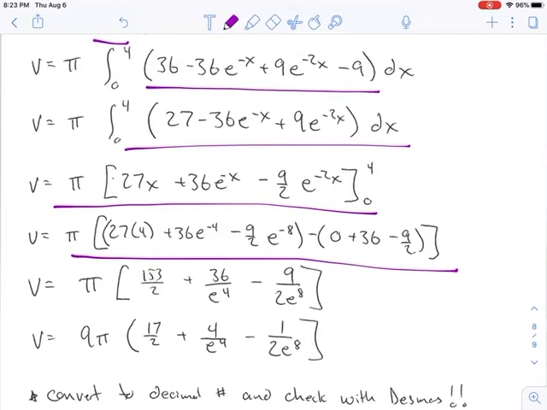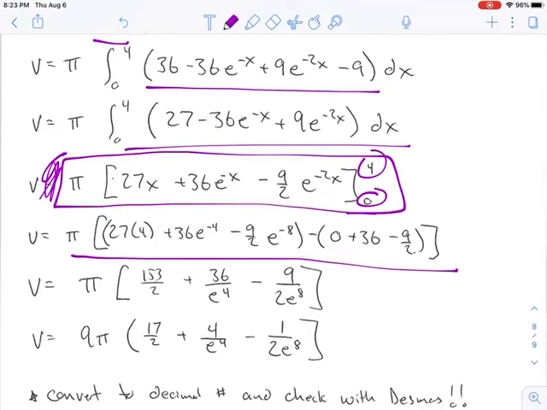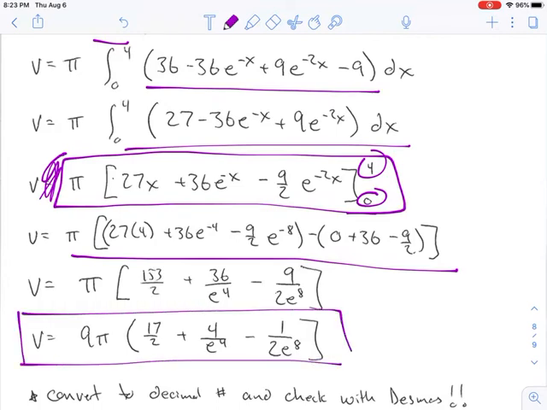Again, if you want, just let Desmos do that. This is another nice thing to do with Desmos. Once you get your antiderivative, you can just type that into Desmos as a function, then evaluate it at 4 and at 0 and subtract them if you don't want to do all of that by hand. Now, in WebAssign, they do want algebraic answers, so that's about as simplified as you're going to get algebraically.